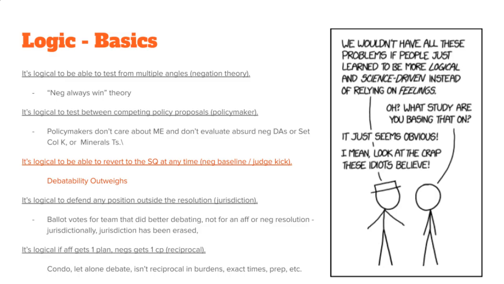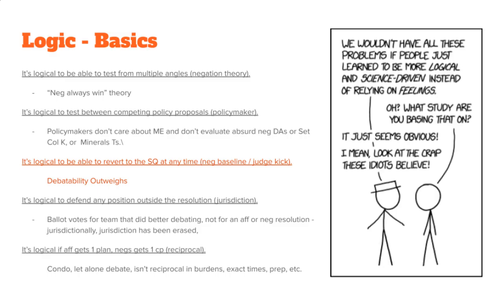Another one you're going to see, and this one's the more popular one, is that it's logical to always be able to revert to the status quo at any time. We always start with the status quo. We might propose another option, but if that option burns down, we should at least always be able to go to the status quo, and that implicitly justifies multiple options to jump to, and then jump back to the status quo, because we're testing these things, and it's just logical to test if we're neg.